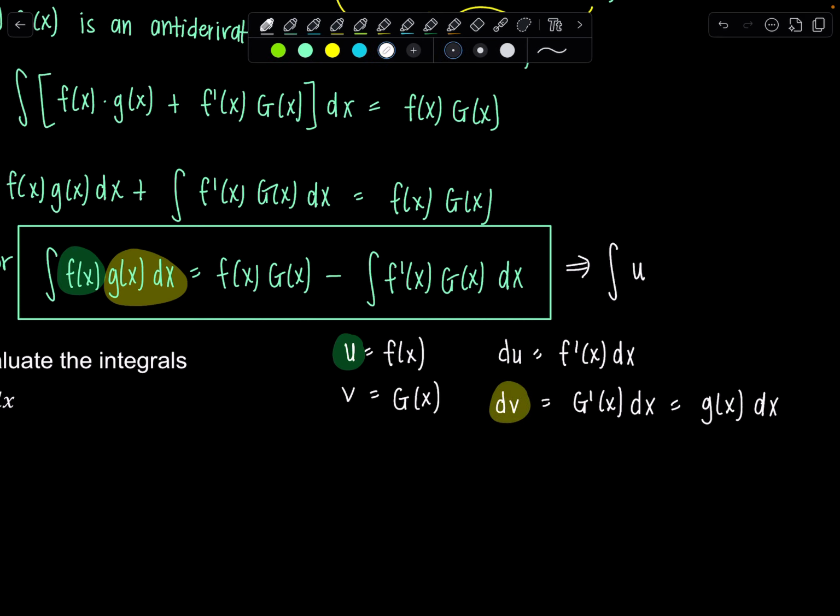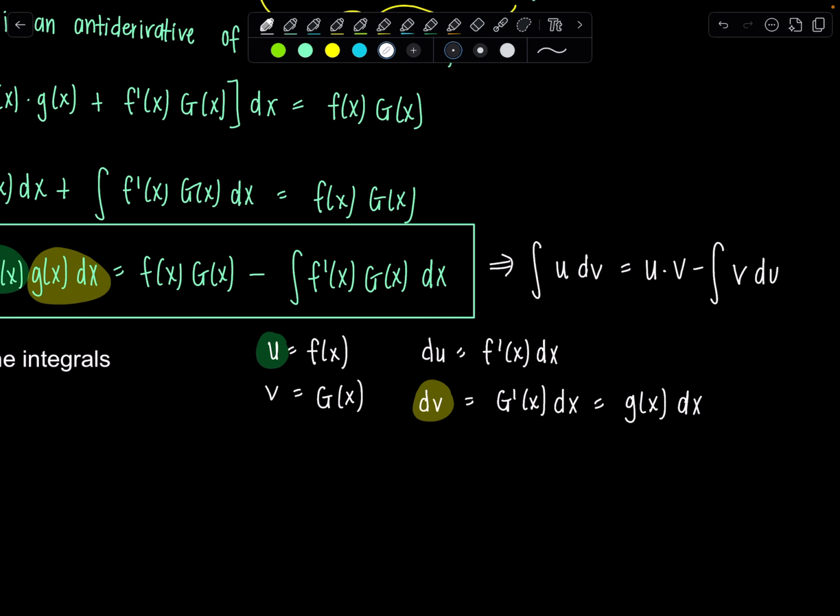So integral u dv equals f of x, again, is u, times capital G of x, which is v, minus integral f prime, who's f prime? Well, we don't have f prime by itself, but we do have f prime of x dx, that's du, and then this g of x right here is v. So this integral here is v du.